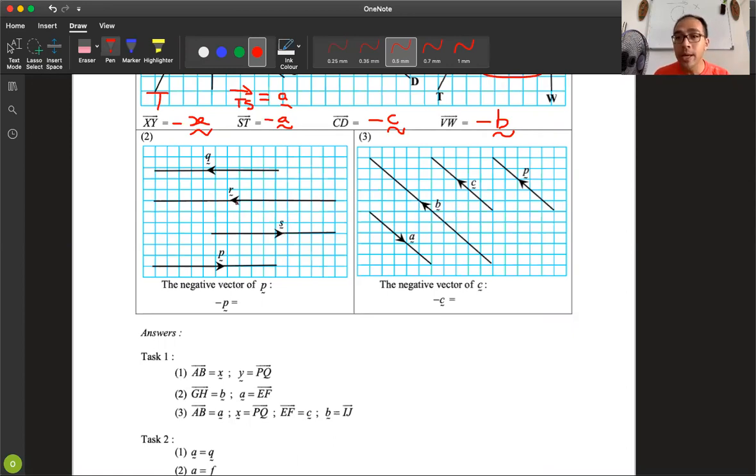R can be a different direction, but the distance is not the same, so it cannot be the negative vector of P. If you look at Q, 1, 2, 3, 4, 5, 6, 7, 8, 9, 10. So 10 squares to the left. So the negative vector of P, negative P, is also known as vector Q.